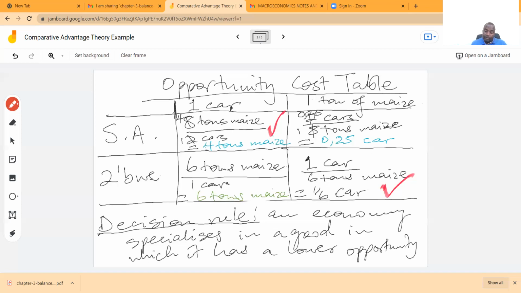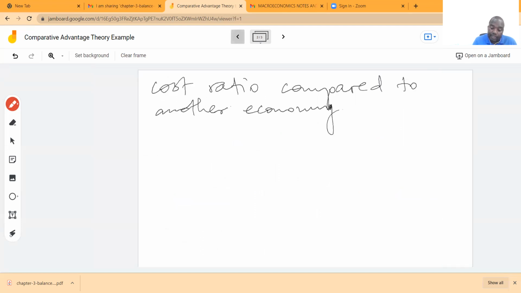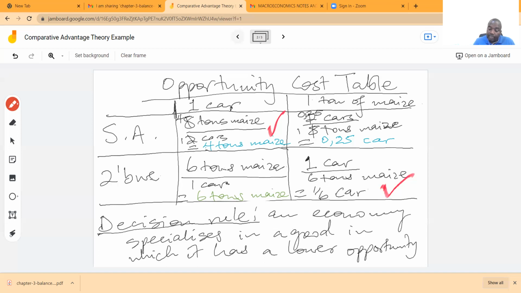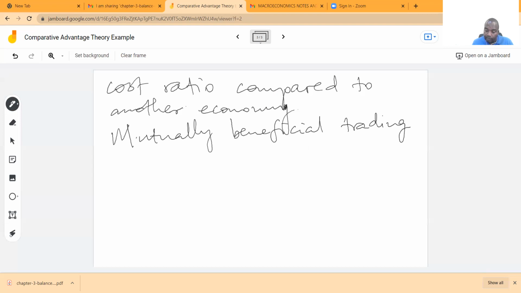So we move on. After deciding on the direction of specialization, which is South Africa specializes in car manufacturing or car assembly, and Zimbabwe specializes in maize production, we look at the mutually beneficial trading ratio.